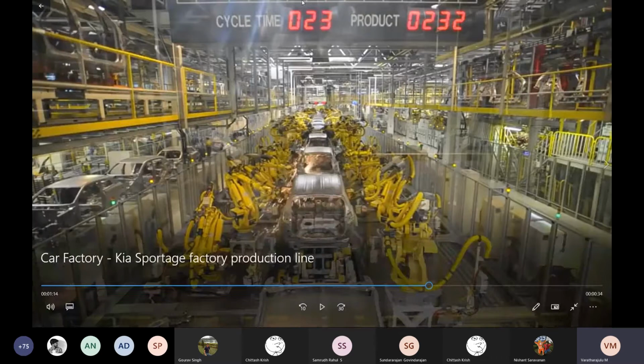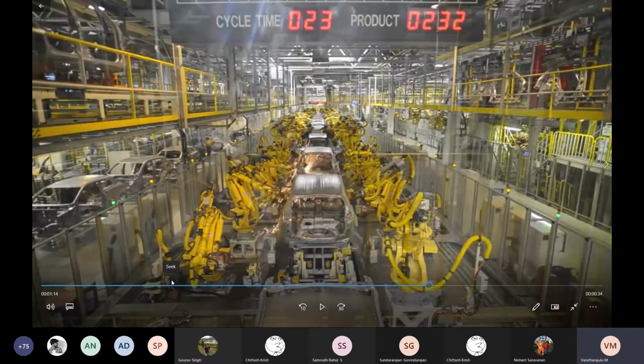You see, there is a partition between the robotic arm and the lane, and there won't be any human interference when there is a product in this lane. If there is a person standing here watching or monitoring, the robotic arm won't understand the presence of the human, and it may harm the human during the process.